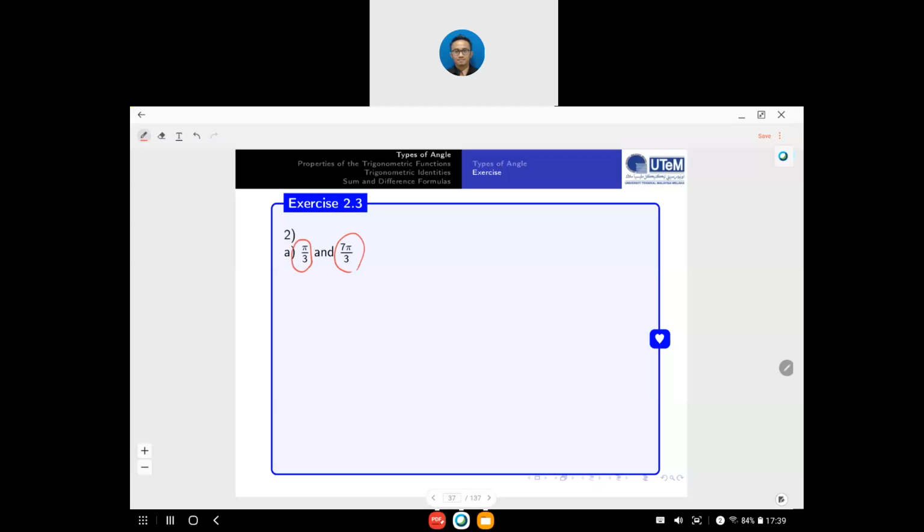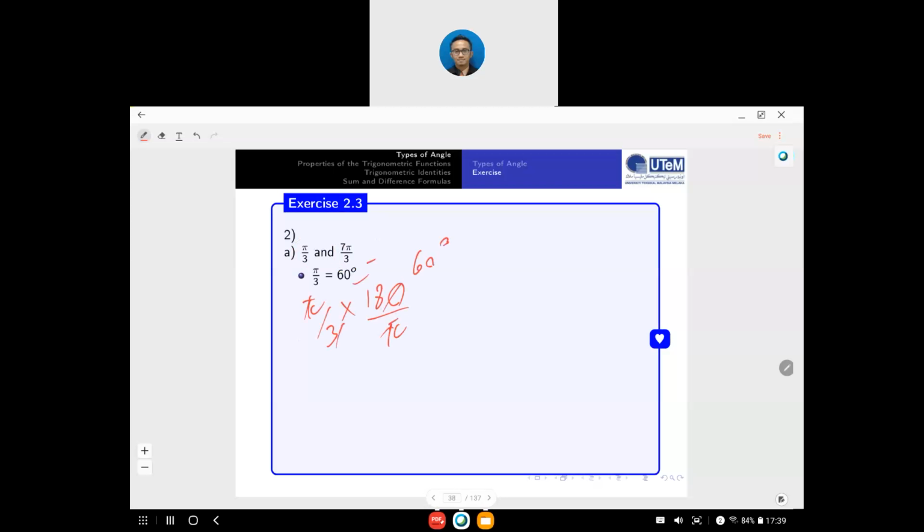It is easy for us to convert first in terms of degree. It is easier if we convert to degree. So we convert pi over 3 to degree, which becomes 60 degree. How? We take pi over 3 times 180 over pi. So you can get 60 degree.